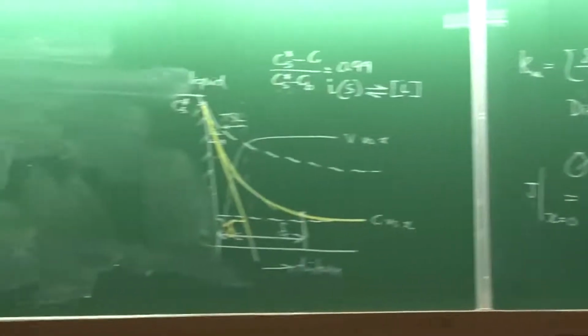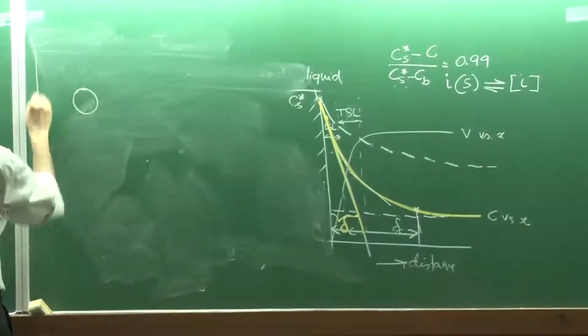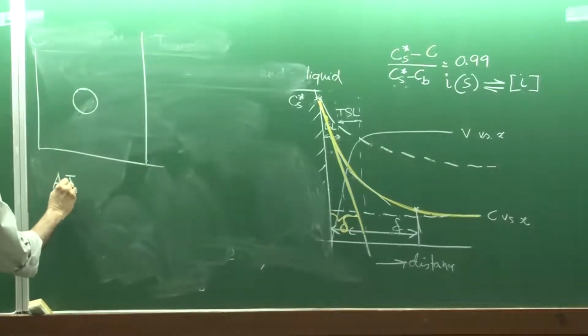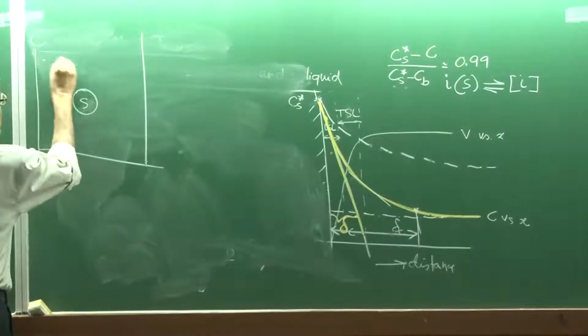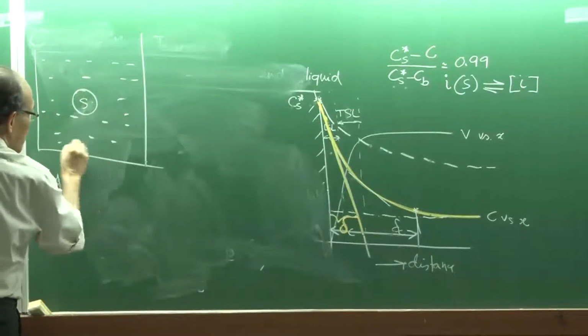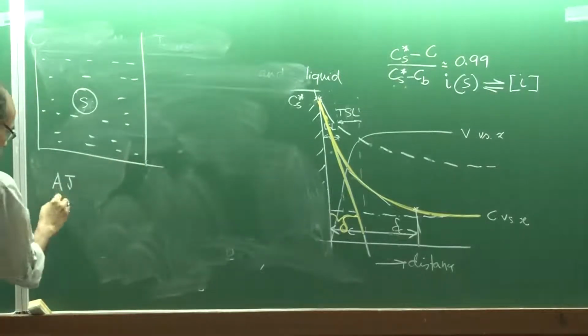So I would now say, suppose I have a solid which is dissolving in a container, and this is going to be clear to you. So I can very well say that A times J, the flux from the surface, so this is solid and this is fluid, and the fluid has a fixed volume.